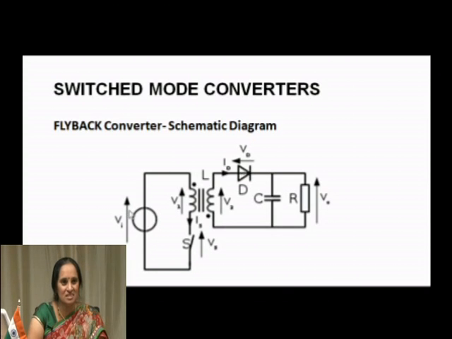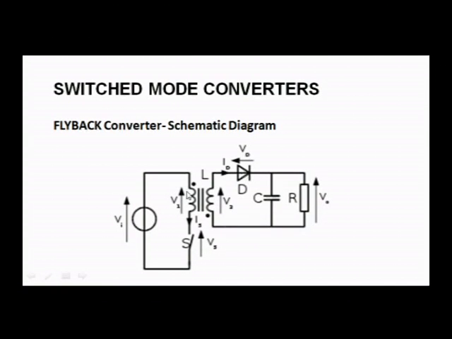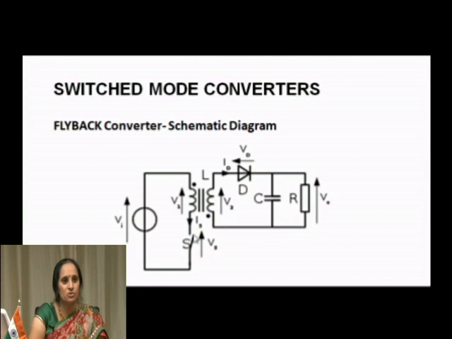Please see, this is a DC source, then you are having a flyback transformer, or you can say it is a split inductor, and then the switch. Please see, it is not a normal switch, I am talking about the SCR, or thyristor switches here, and then there is a diode, and then you are having a capacitor, and here you are having the load resistor, at which I am going to get my output DC voltage.